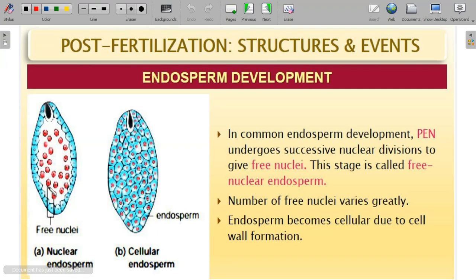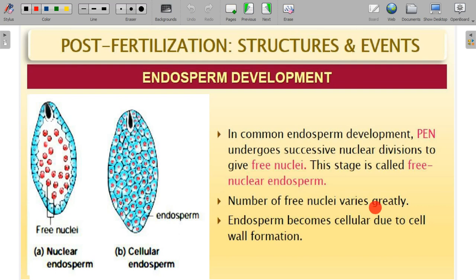This can be compared with the three mitotic divisions in monosporic development: 1 nucleate, 2 nucleate, 4 nucleate, 8 nucleate. There is also no cell wall formation. Here also there is no cell wall formation initially. If cell wall formation has taken place, they will develop into a cellular endosperm. So this is called free nuclear endosperm, where only nuclear division is occurring, and cell wall formation is not taking place.